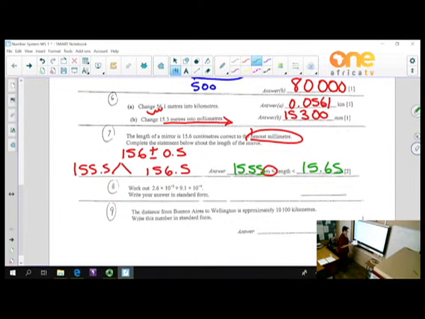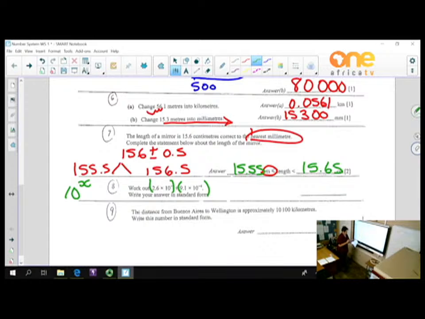Question 8. Write your answer in standard form. Now first we have to do the sum. You'll have to use brackets here, otherwise we won't get the correct answer. Now on your calculator, there's a button at the bottom which says 10 to the power of x. Can you see that one? This is what we're going to use here.